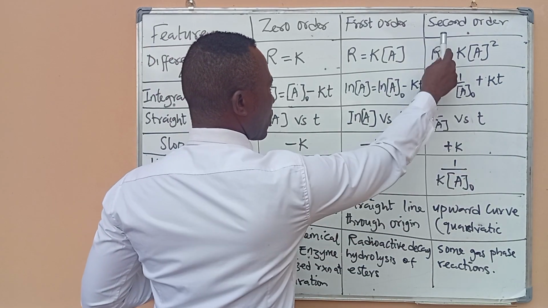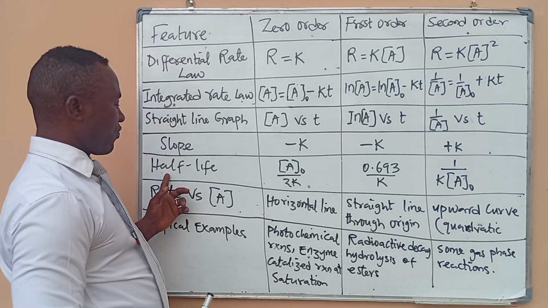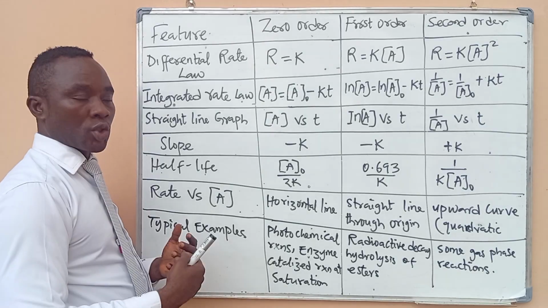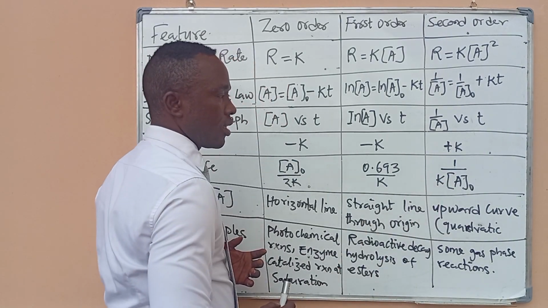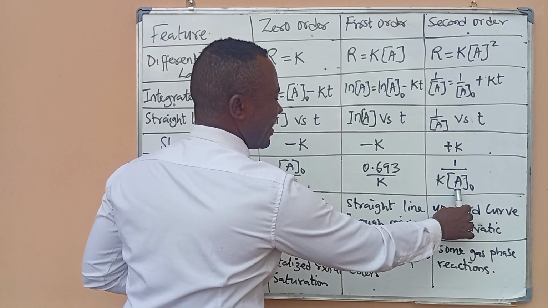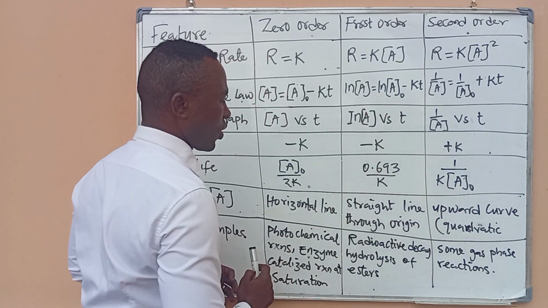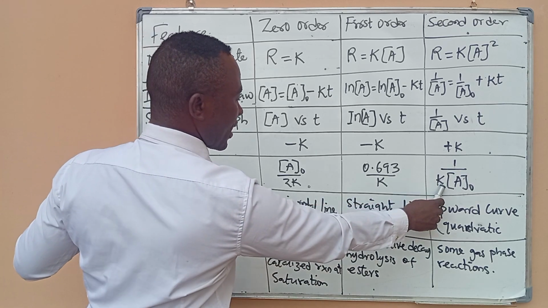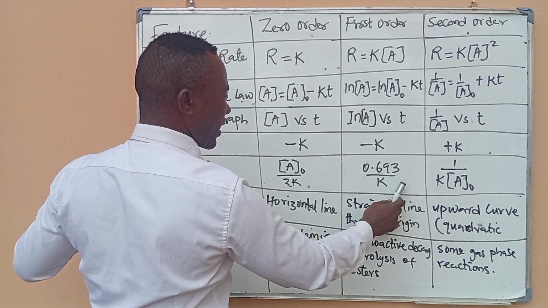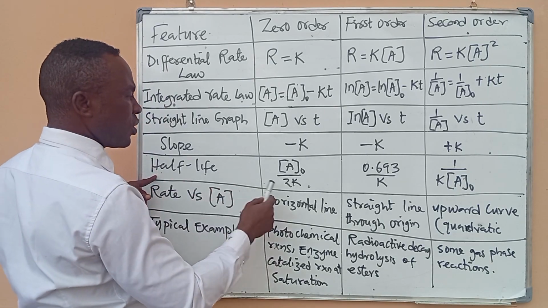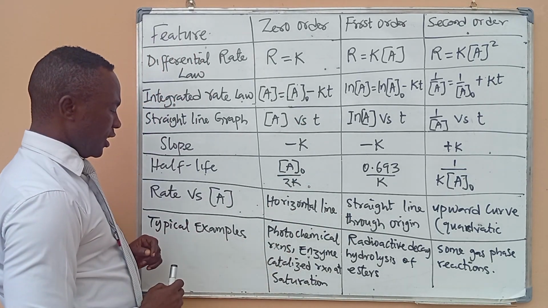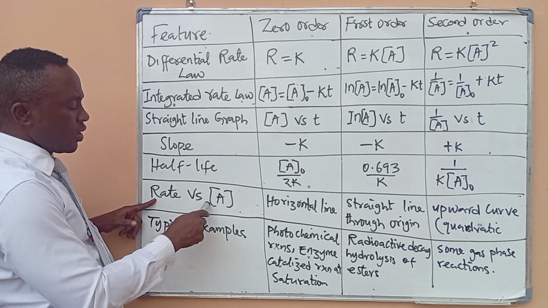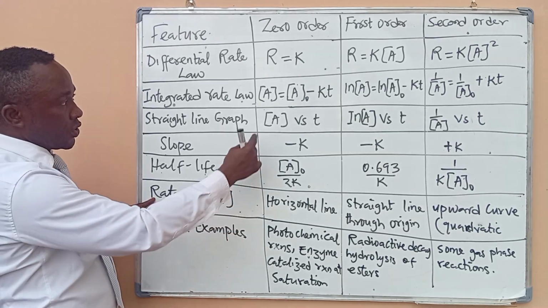Then we go to a second order reaction, we see that the half-life is inversely proportional, because we are having the inverse, inversely proportional to the initial concentration. All the half-lives depend on the rate constant, but only for the first order reaction is the half-life not dependent on the initial concentration.